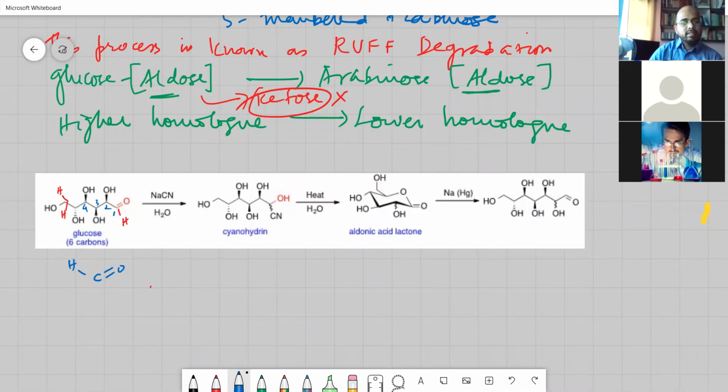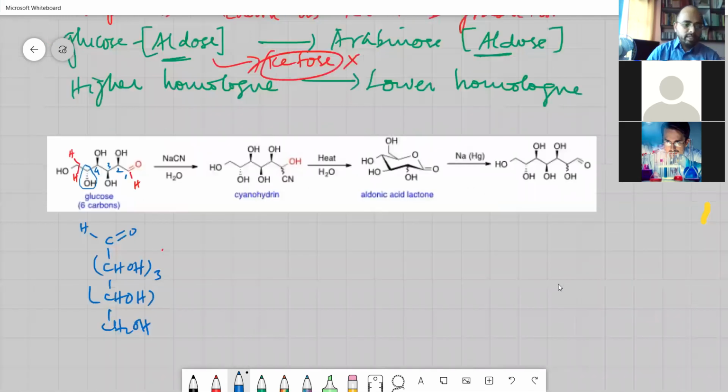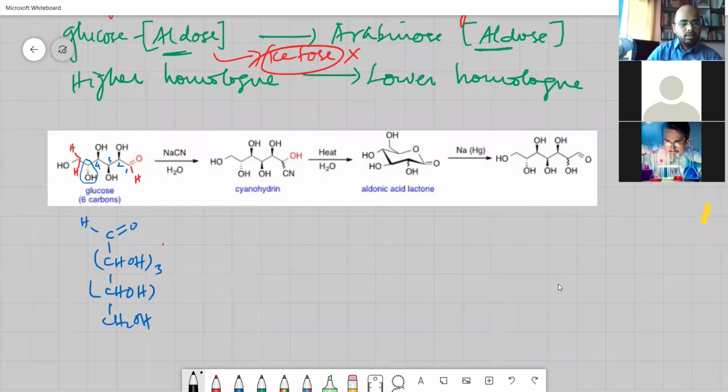So I will write CHOH 3 times, and the fourth one I write separately because this configuration is different, right? Then finally you have CH2OH. So this is the carbohydrate. This is our glucose.